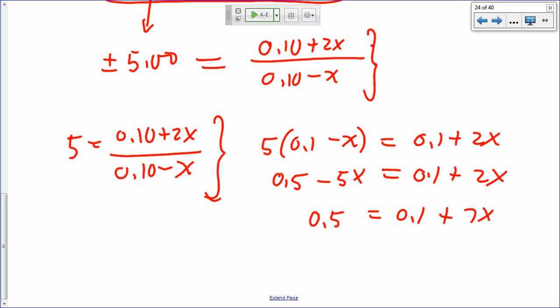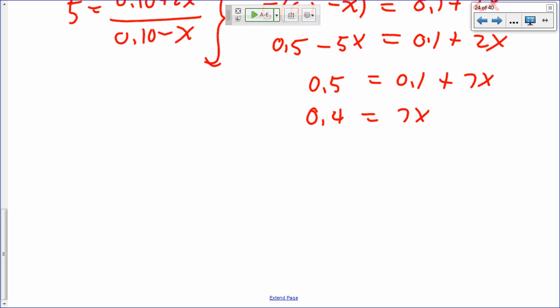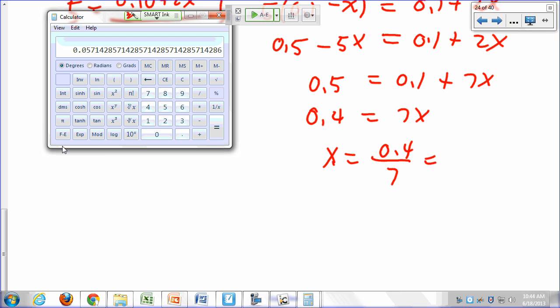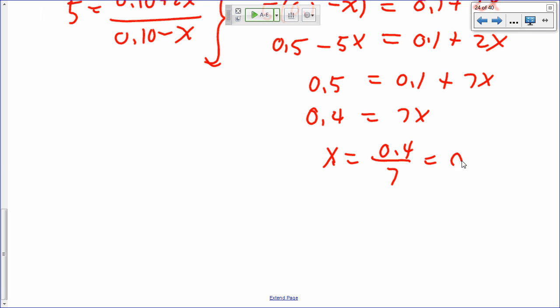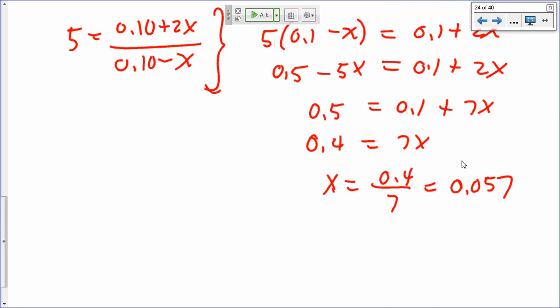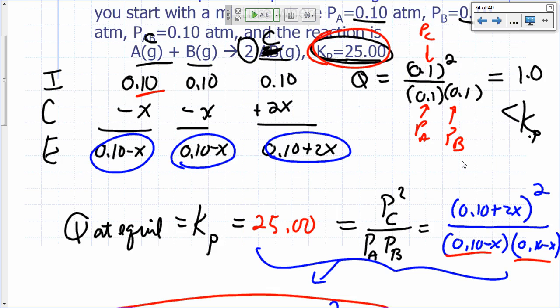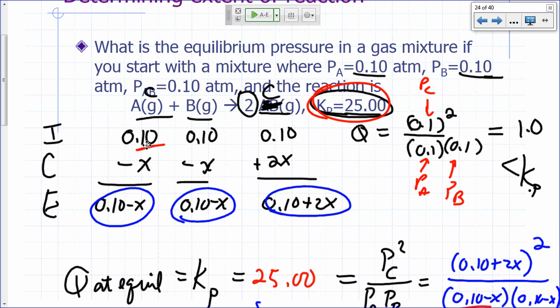Subtract 0.1 from both sides. 0.4 equals 7x. And so x equals 0.4 over 7. What's 0.4 divided by 7? It's going to be 0.057. Is that a reasonable value for x? It's less than 0.1 and it's positive, so you're good. Okay?